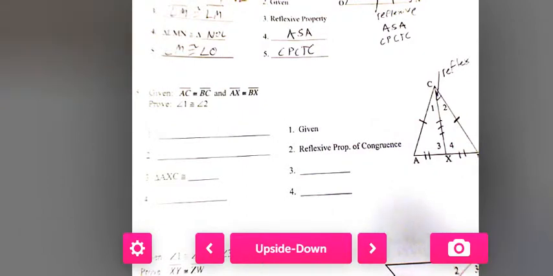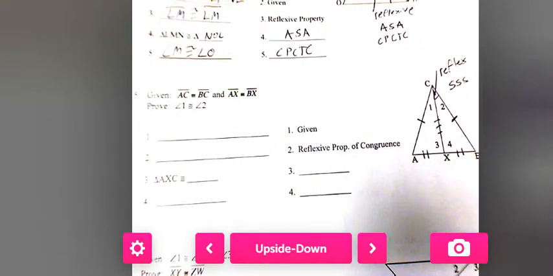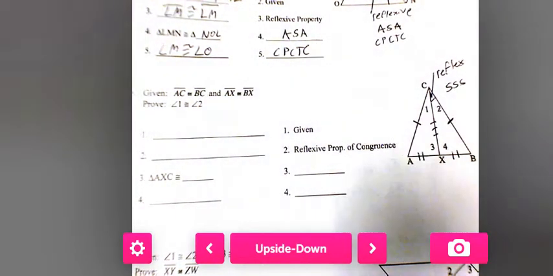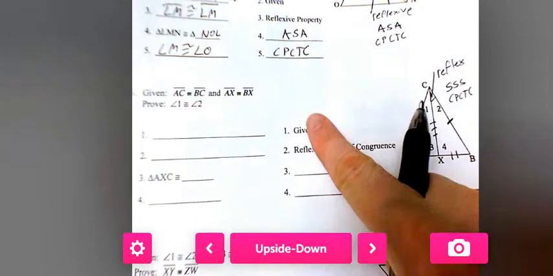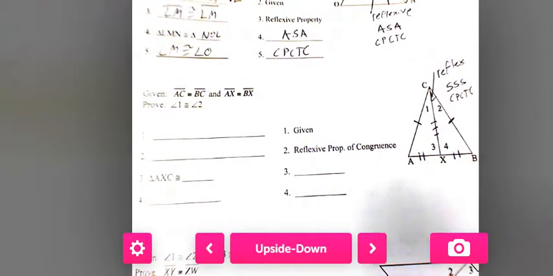Side, side, side. Very good. And then why is angle 1 congruent to angle 2? CPCTC. Okay, try to fill out this proof now on your own, and then we'll look at it together.